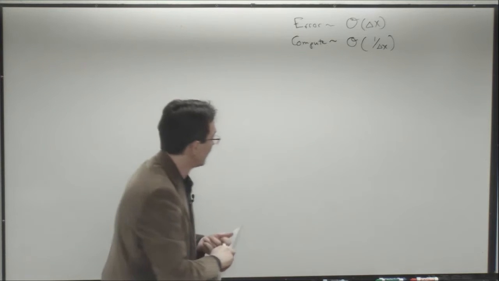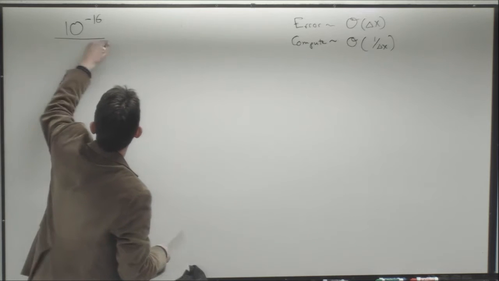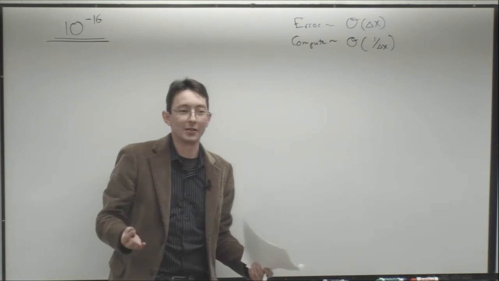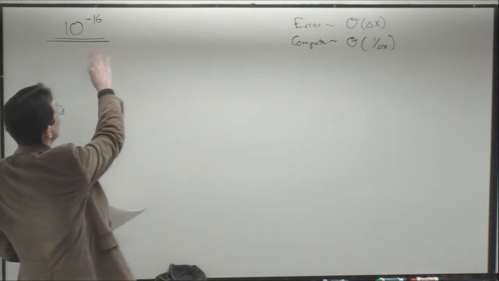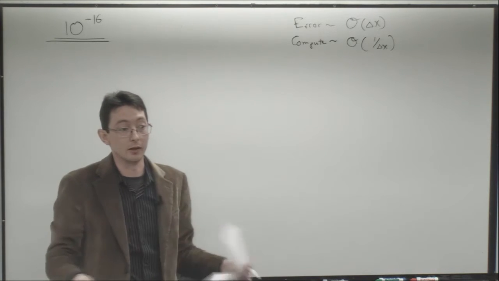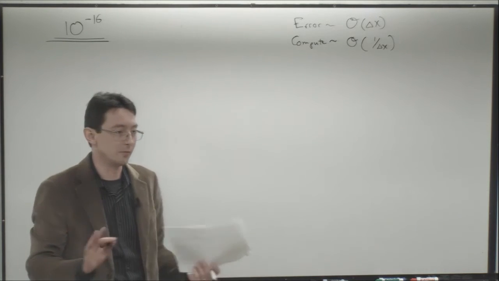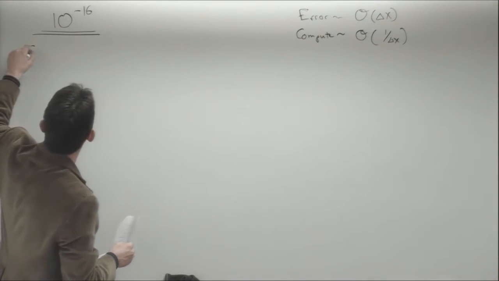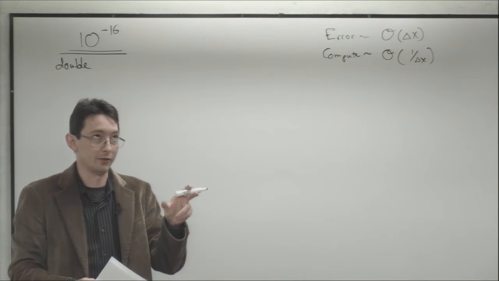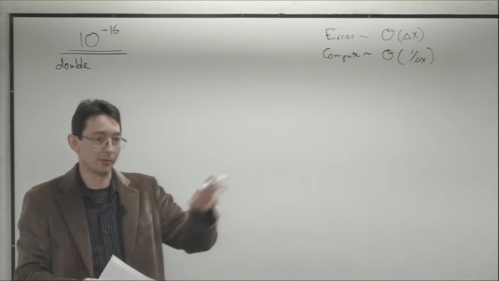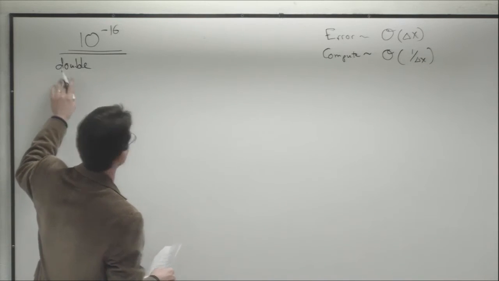One of the most common numbers you'll see in computers is 10 to the minus 16. This is the number you're always trying to achieve in numerics. If your error is on the order of 10 to the minus 16, it means that you're doing as well as you can possibly be doing in a computer, unless you do really special things. But normally, a double precision number, double precision means that you have 2 bytes on the computer to represent this number. 2 bytes?